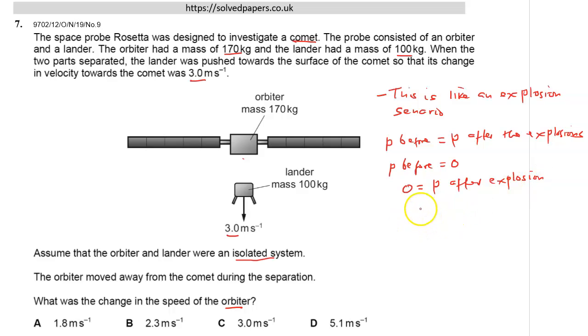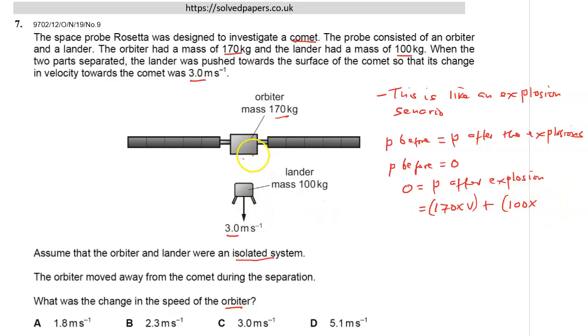Okay, and we know that momentum after explosion is equal to 170 times v, which we do not know, plus 100 times 3.